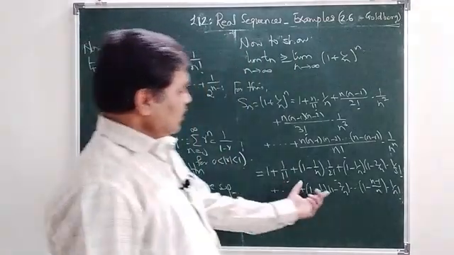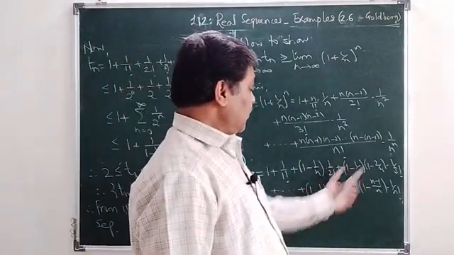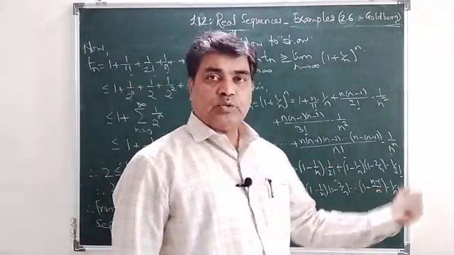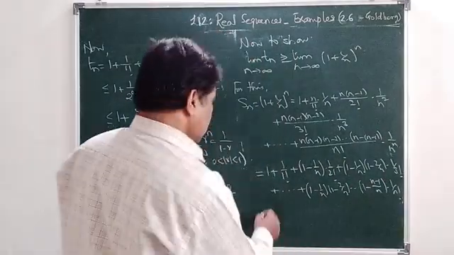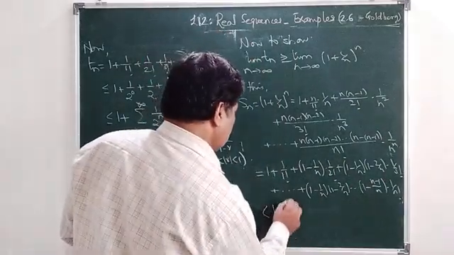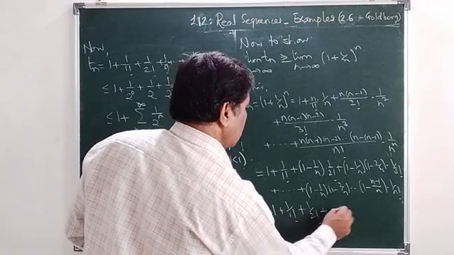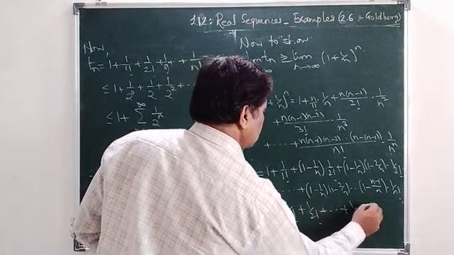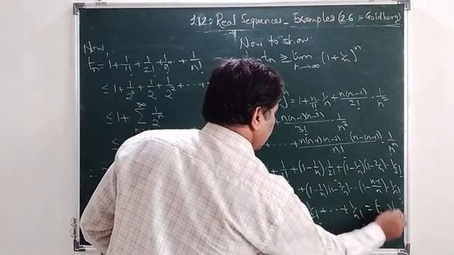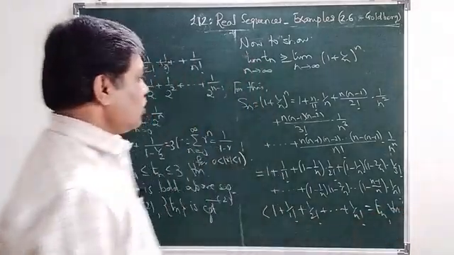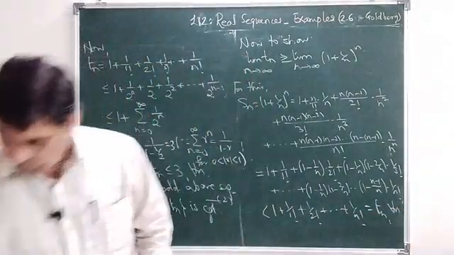Now if we observe these coefficients of 1 upon k factorial, that lies between 0 to 1. So this is less than or equal to 1 plus 1 upon 1 factorial plus 1 upon 2 factorial plus dot dot up to 1 upon n factorial, which is equal to Tn for all n.